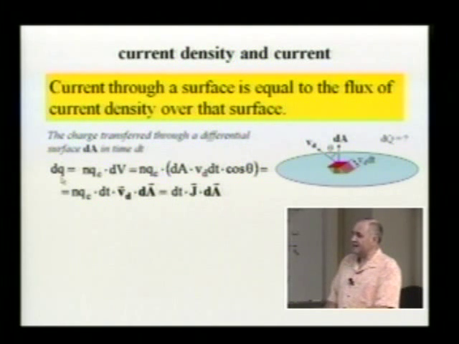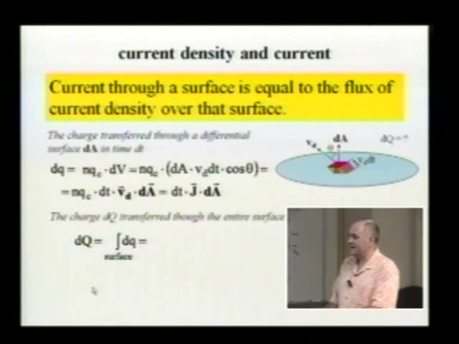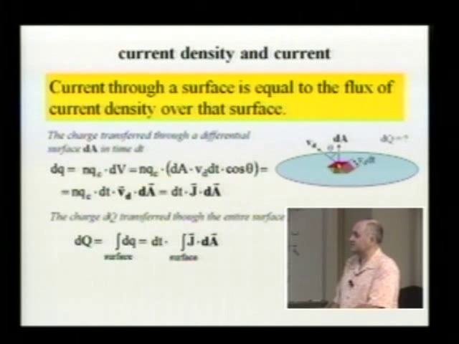All right, so what have we found here? A charge which is passing through that red surface. In order to find the current through this entire surface, I have to add it over all pieces. So I have to integrate over the surface the dq which I just found. And this dt is irrelevant to the segment, so I can take it in front.